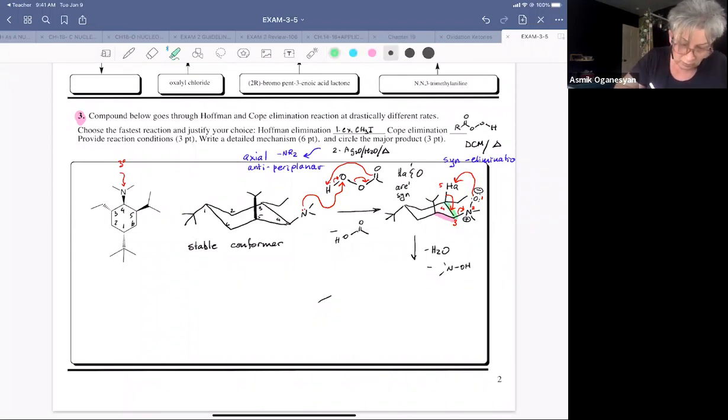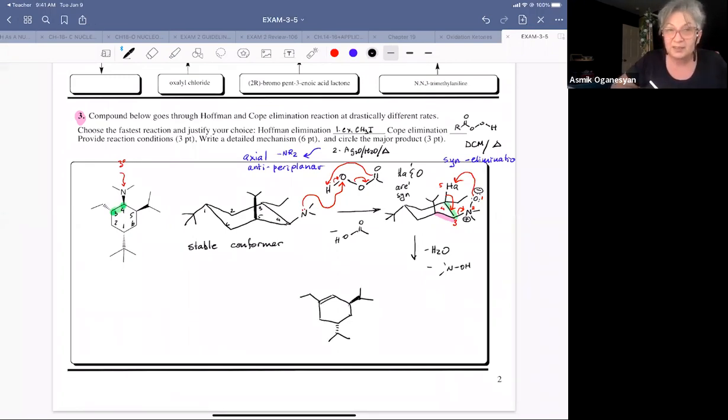Let me go to top view, original position of my amino group and the ethyl. So this is where I will be forming the double bond. So we can just redraw the product in the top view. That is it. That is your major product of the reaction.